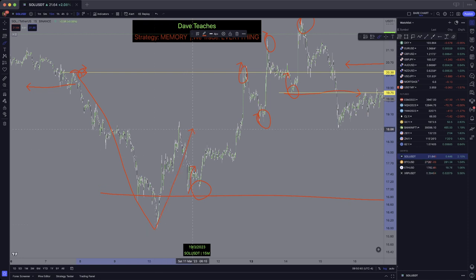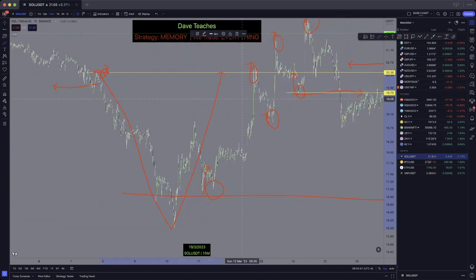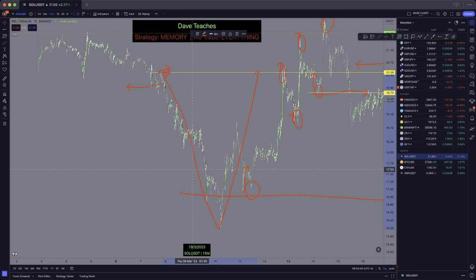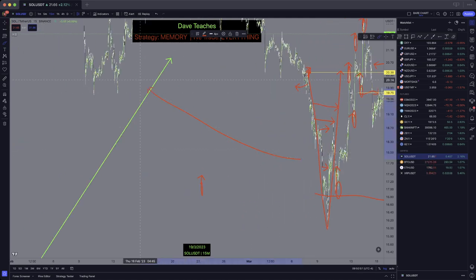And before price came back up to it, we took out a series of highs to the left that belong to this time frame and not to the higher time frame structure.